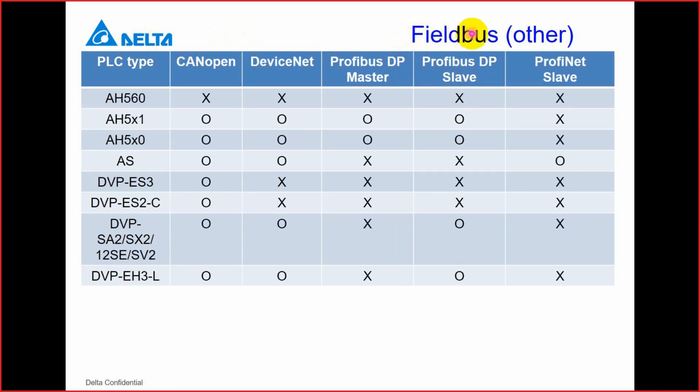Okay, and this is the fieldbus for another protocol. You can see for the H redundant PLC, basically we don't support CANopen, DeviceNet, Profibus DP master slave, or even Profinet slave. Okay, so you can see ACE or AS PLC will support CANopen, DeviceNet, and Profinet slave.